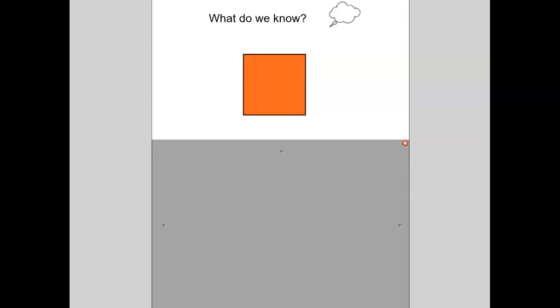On your paper, can you please label the sides and angles of this square and write down any other characteristics or attributes that you remember about squares? Wonderful. How are the sides and angles different?